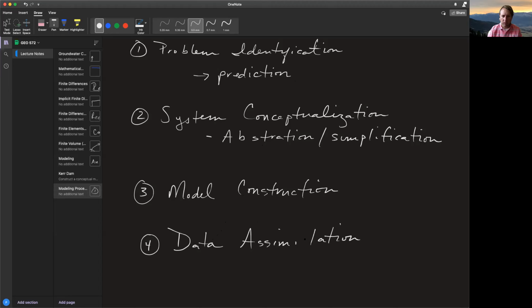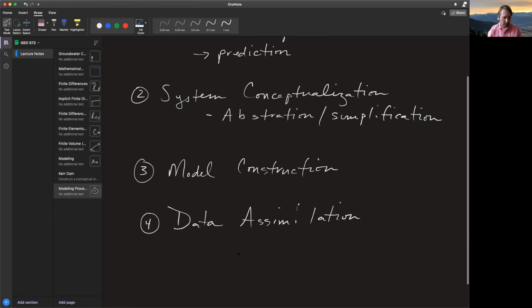We might take groundwater heads that we observe and see how our model reproduces those heads, and then modify that model to better reproduce those heads. This sort of data assimilation is where we're taking observations and making sure that our model is at least somewhat representative of reality.